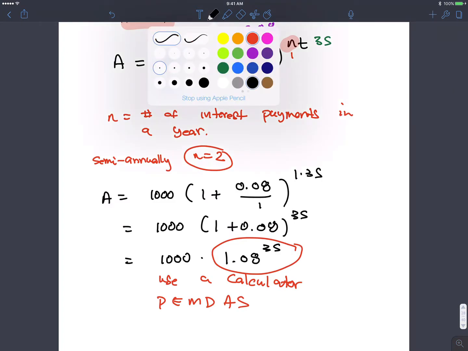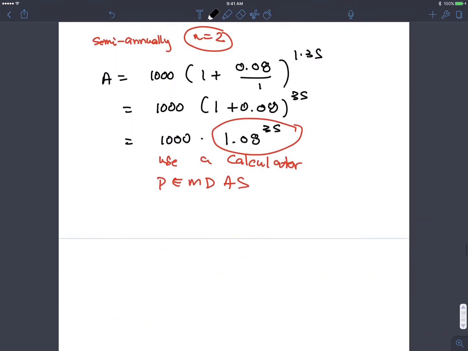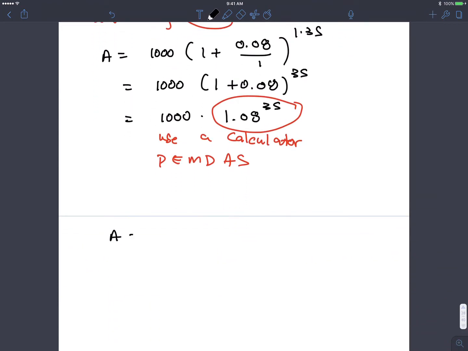So the amount we're going to get here, if we use our calculator now, is going to be 1,000 times 1.08 raised to the 35th power. And I'll write it right here. The amount is 14785.34429.